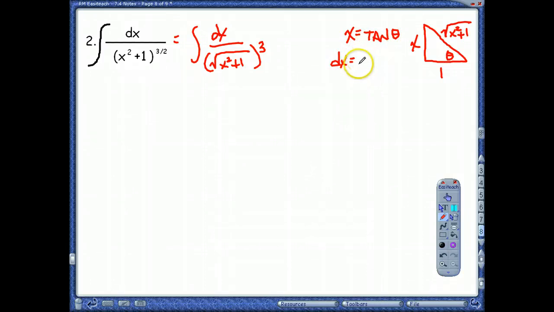Well, the derivative of tangent is secant squared theta d theta. All right, so now that we know what x is, we know what dx is. Really, this triangle, we're not going to use until we have to substitute back for our final answer. So really, all of this stuff right here is what I'm going to be using.